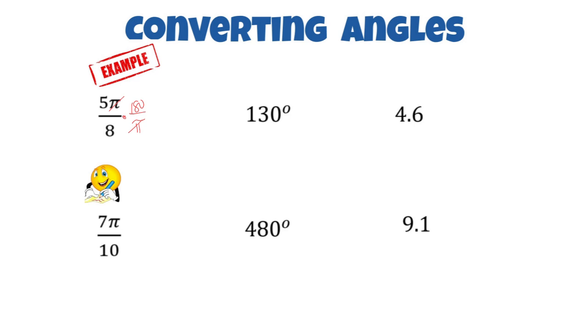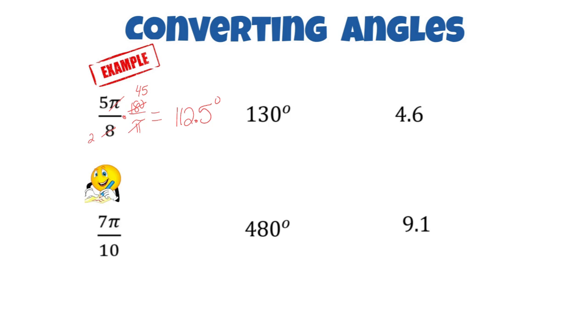You do want to reduce, probably smart to reduce before the numbers get too large. 8 does not go into 180, but 4 does. So I'll reduce these both by 4. And then I'm just going to go ahead and take my 5 times the 45 divided by a 2, and I have 112.5 degrees.